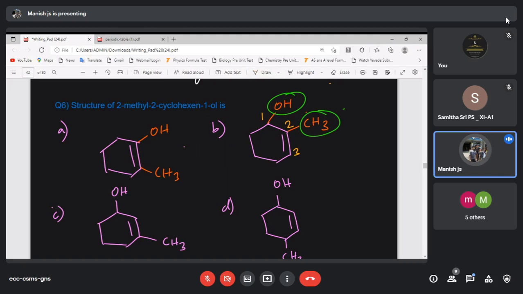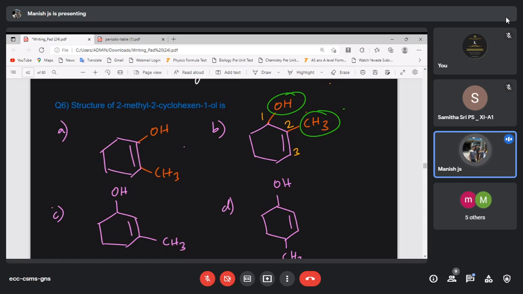When you go with the numbering, 1, 2, 3, now you first look at the substituent groups. At the first position you have the alcoholic group. At the second position you have a methyl group. So 2-methyl is okay.